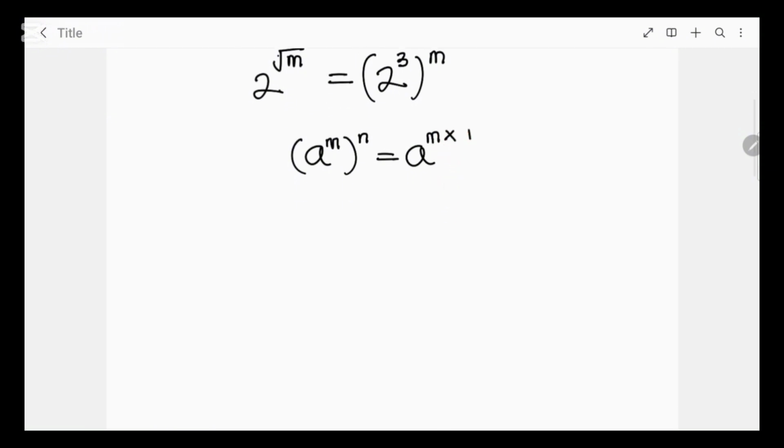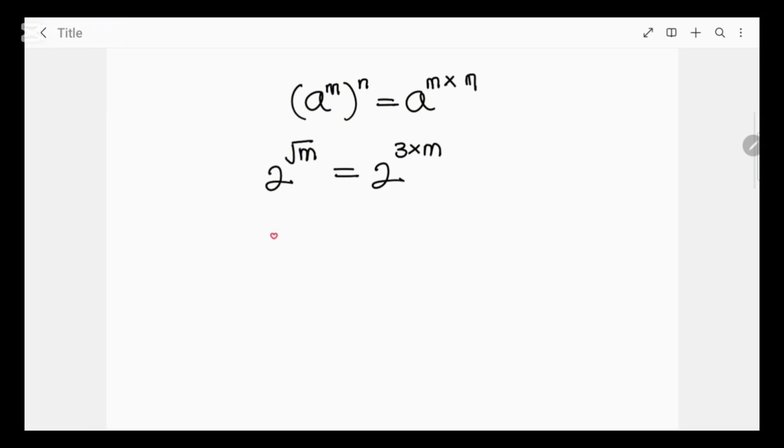So that means we have on the left 2 to the power of the square root of m equal to, now applying this property of indices, 2 to the power of 3 times m. Very good. Now this simplifies into 2 to the power of the square root of m equal to 2 to the power of 3m.